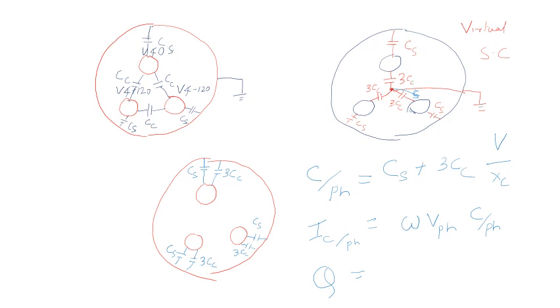And if I want to calculate the Q, how can you calculate the Q per phase? It is nothing but V per phase squared divided by XC per phase.